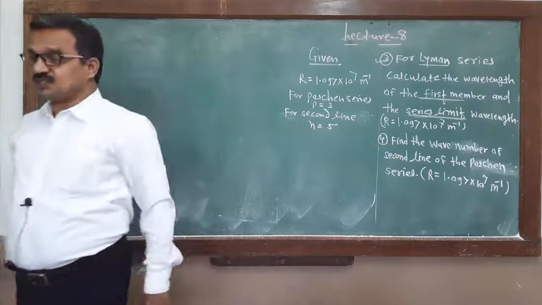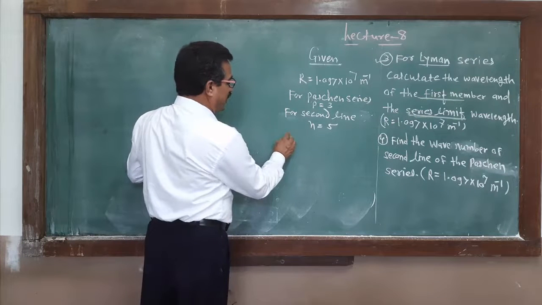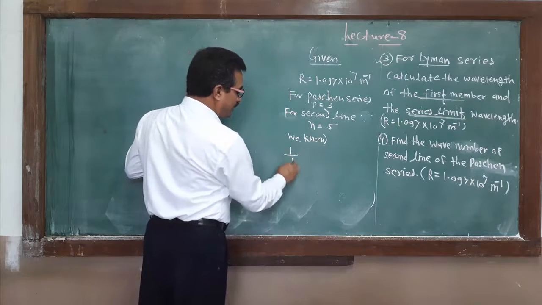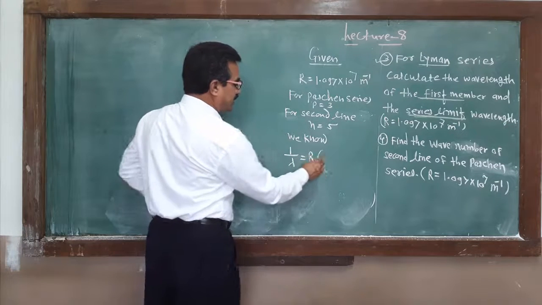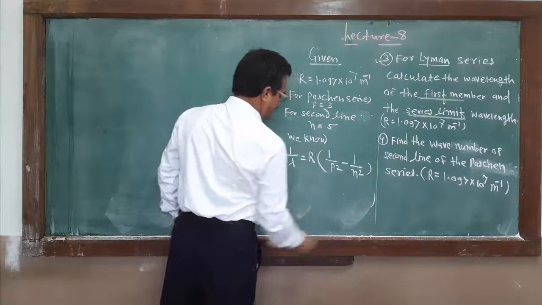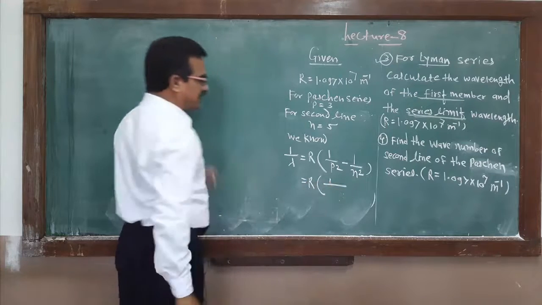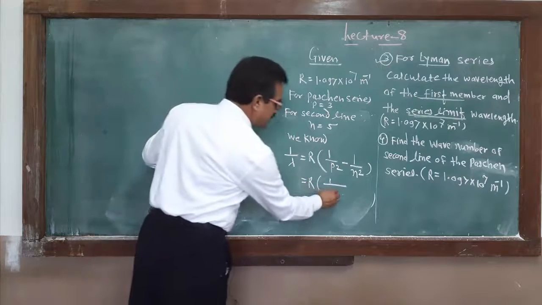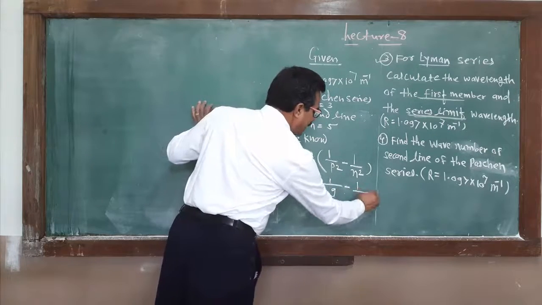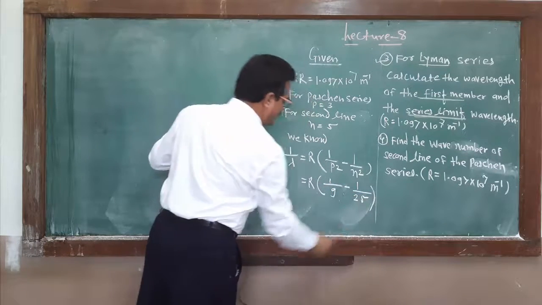And again use the Bohr formula. What is actually the Bohr formula? We know 1 upon lambda is equal to R in bracket 1 upon p square minus 1 upon n square. What is the value of p? p is equal to 3, its square is 9. Minus 1 divided by n is 5, its square is 25.